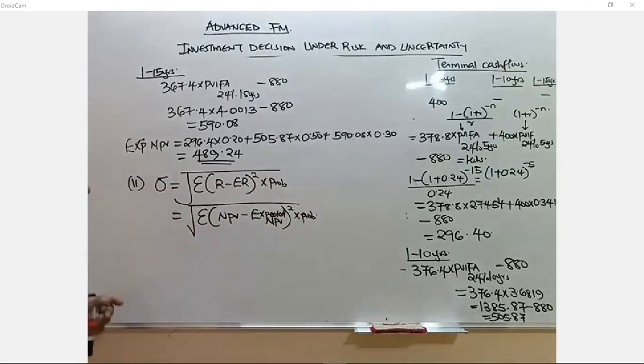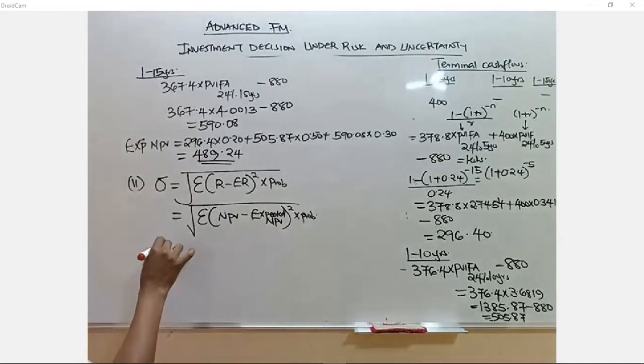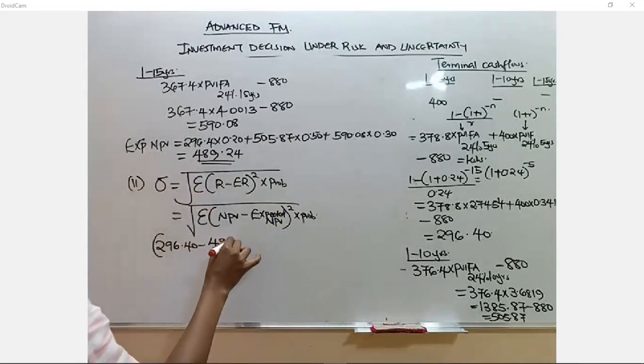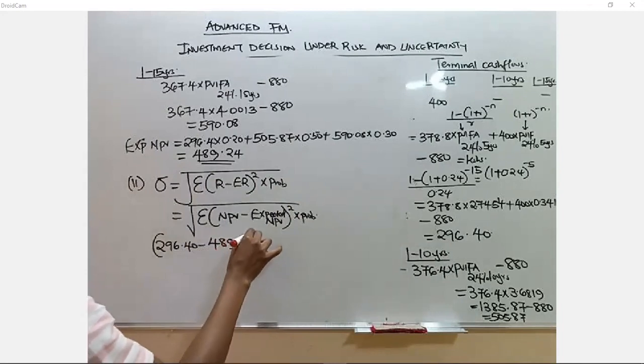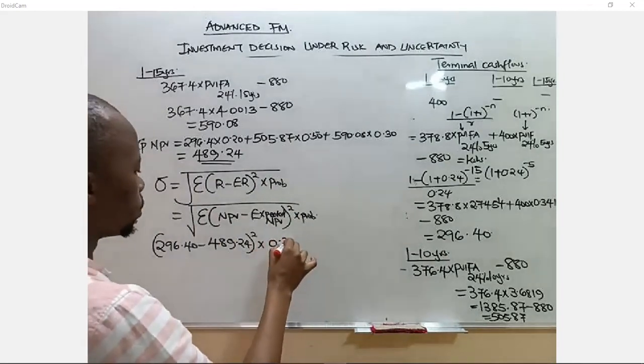So let's start with the first one. The NPV is 296.40. So you just take 296.40, minus the expected NPV of yours, 489.24, squared. Then you multiply by the probability for the first year, which is 0.20.